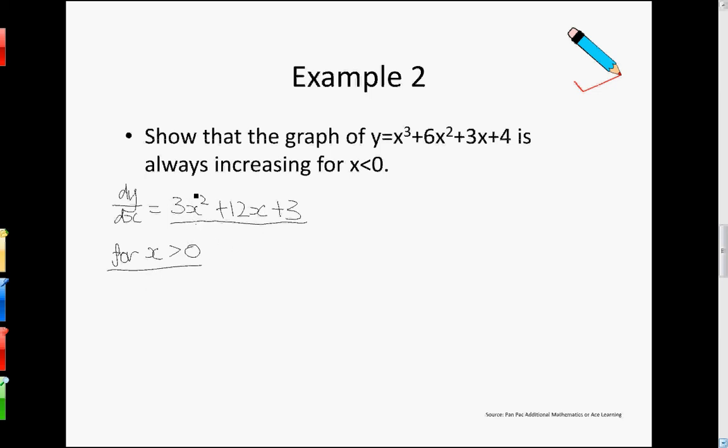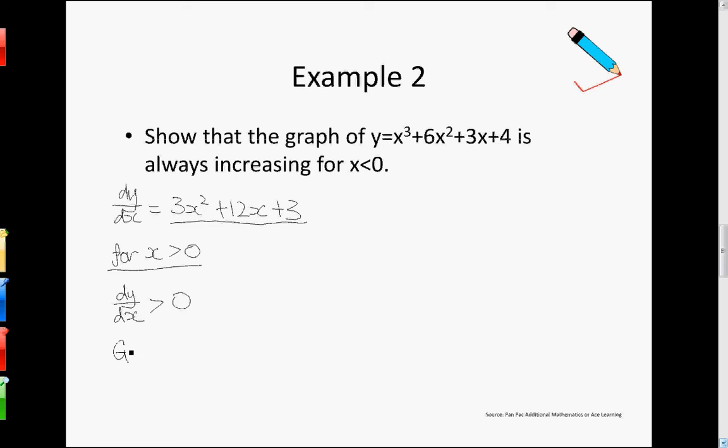If x is more than 0, this term would be more than 0, this term will also be more than 0, and this term definitely is more than 0. So if I add 3 terms that are more than 0, then my dy/dx will always be more than 0. So what does it mean when my dy/dx is more than 0?